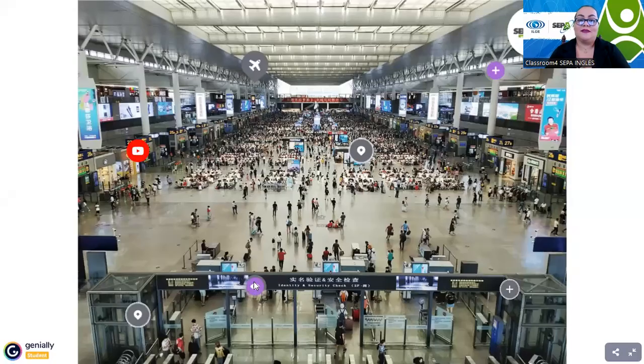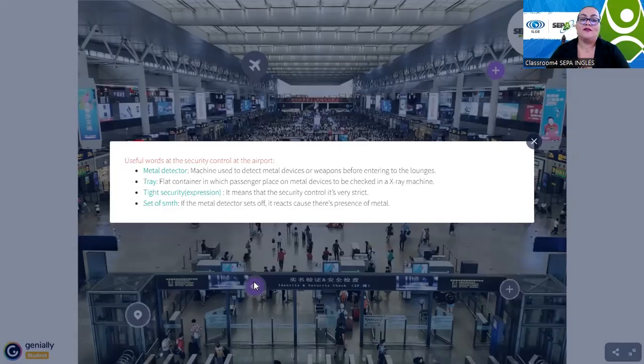Okay, let's click here and I see useful words about the security control at the airport. Metal detector: machine used to detect metal devices or weapons before entering. Tray: flat container in which passengers place metal devices to be checked in an X-ray machine.